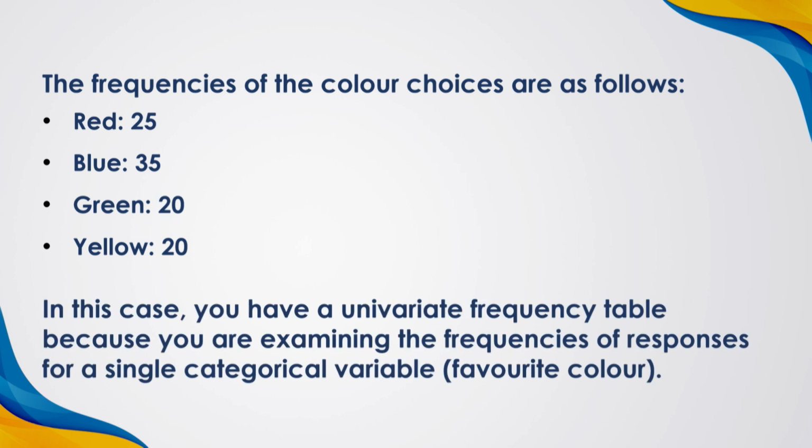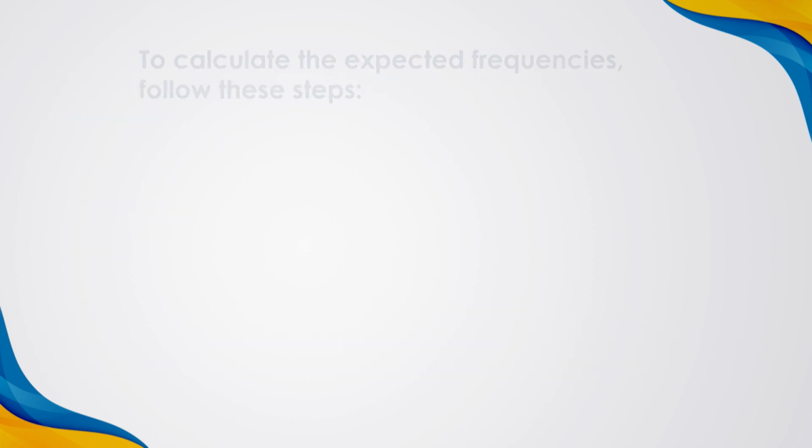In this case, you have a univariate frequency table because you are examining the frequencies of a single categorical variable, that is favorite color. As I mentioned, if you go for more than one variable, then you can go for a contingency table, or you can call it a cross table, whereas here you are fixing it with only one variable, hence you can go with a univariate frequency.